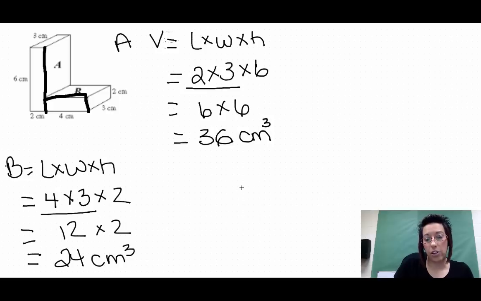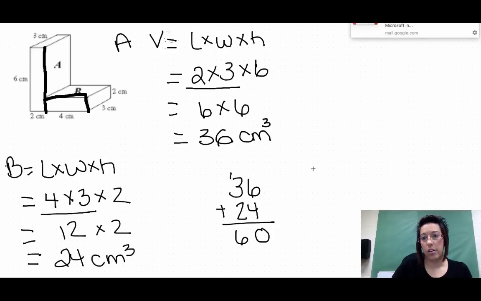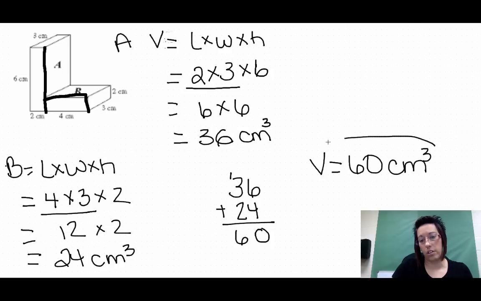We add our two volumes together, so 36 plus 24 is 60. So volume equals 60 centimeters cubed.